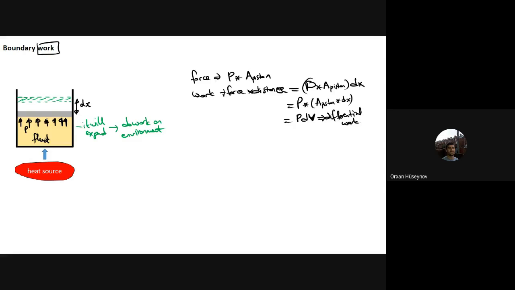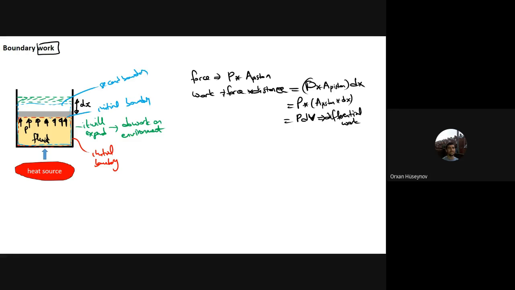Say this was the initial boundary, but after some time you will have this boundary. This one was the initial boundary, and the second one was the final, let's say intermediate, or second boundary.